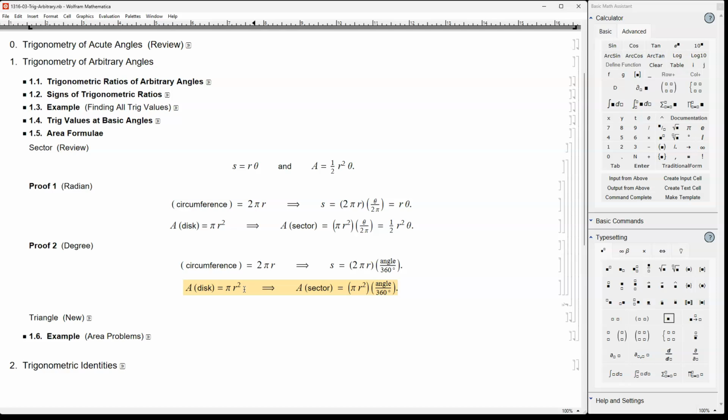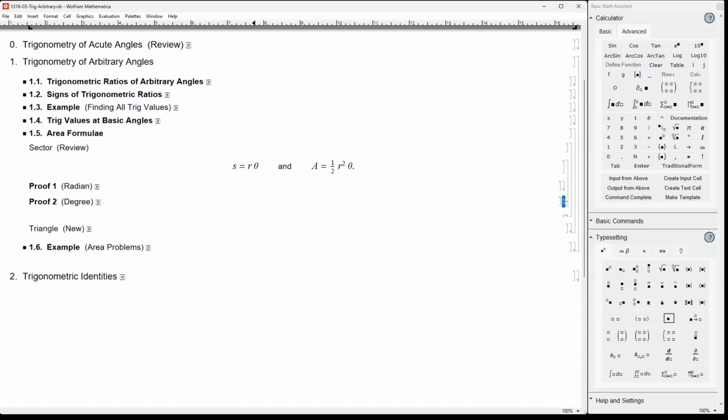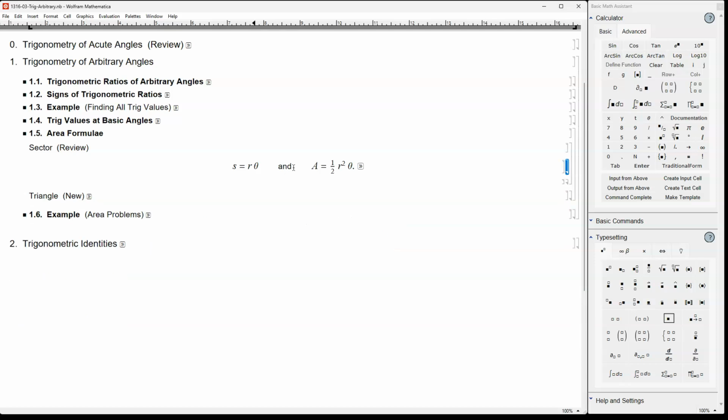Entire circle will have pi r squared, but I have only a piece of that pie. So the degree angle divided by 360 degrees. So degree angle out of total 360 degrees. That's the ratio you have to multiply. So same argument applies there. And of course, these formulae here are for radian measure.